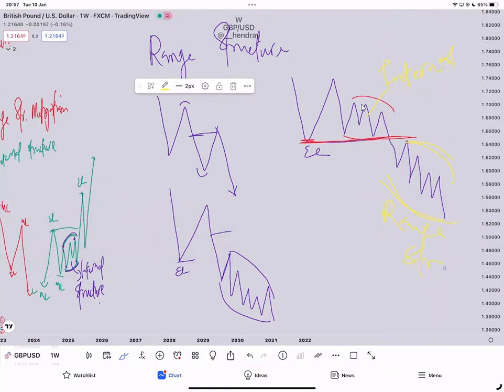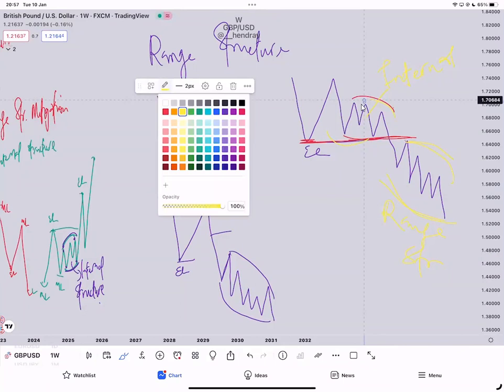The internal structure happened before the external liquidity got taken out, whereas the range structures are the ones that didn't make a deep pullback into your structure, and that is a deep pullback into internal structure. So that is your range structure right there.